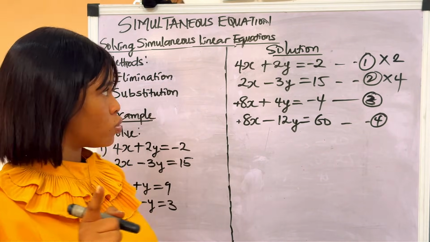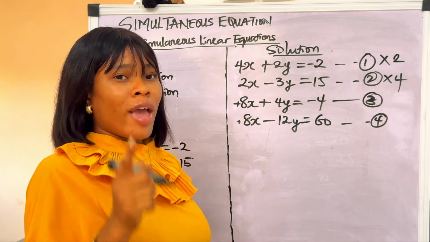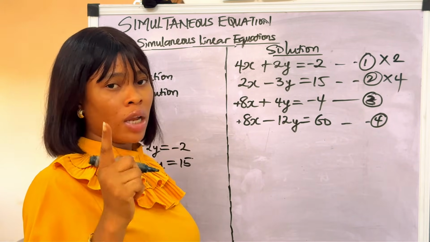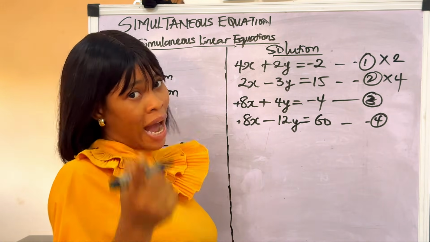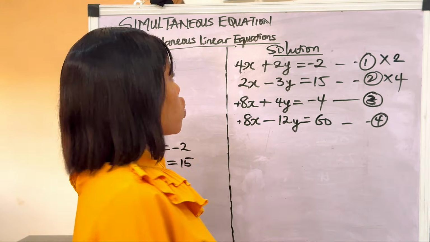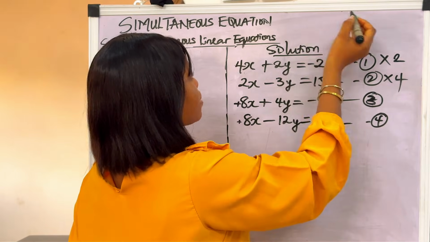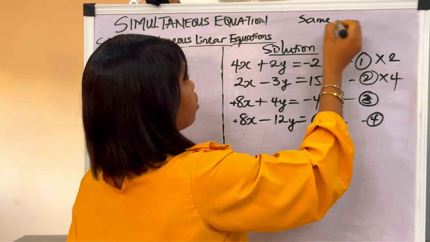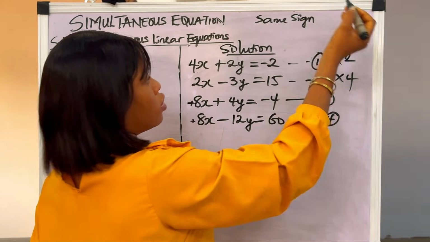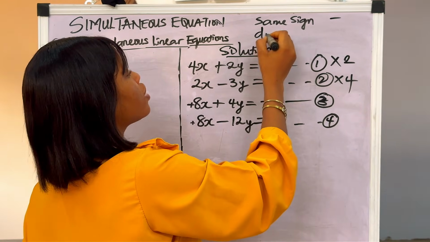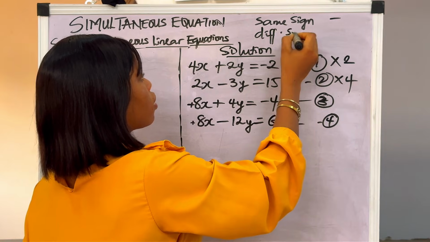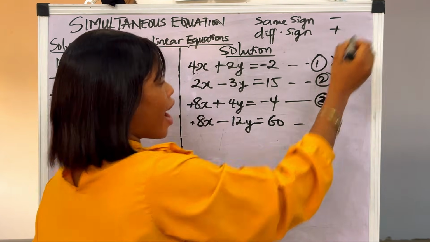Now take note, when using the elimination method in solving simultaneous equations, either we add or we subtract. If we have the same sign, we subtract, and if different signs, we add.